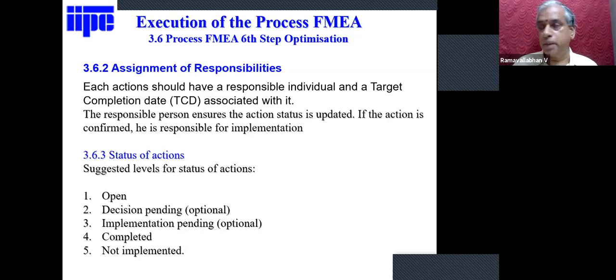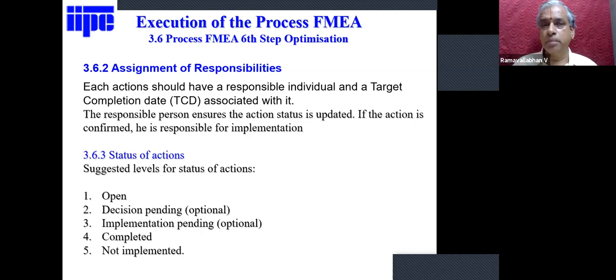Sometimes implementation is pending. The project is over, but the product has not come, that is, the line is not running now, because of which we may not be able to implement. Once the product starts again, at that time we will introduce whatever actions we have taken. The other one is completed: things are over, we have completed it.